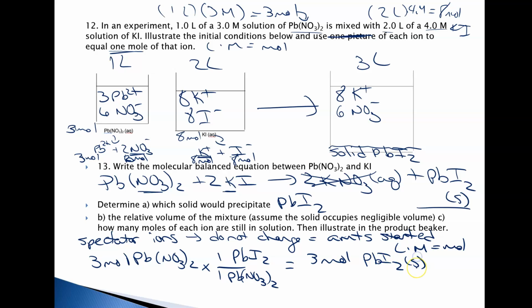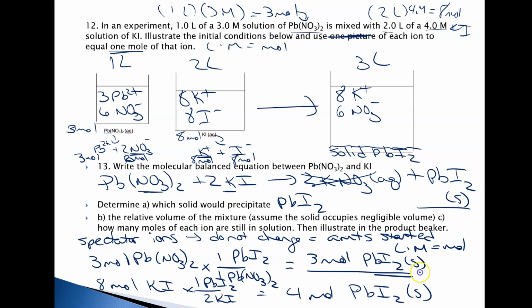But it's a limiting reactant problem because I have moles for my other one. I had 8 moles of KI, and it takes 2 KI to make 1 of my solids. That means it could make 4 moles of PbI2 solid.